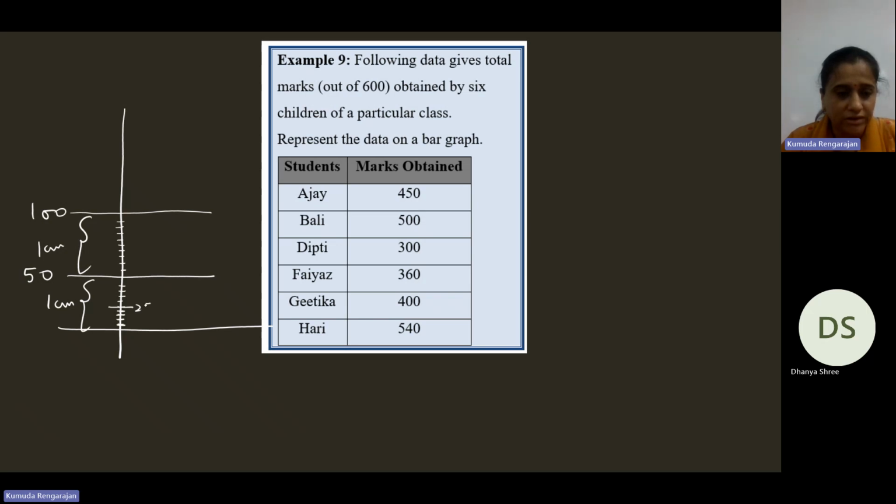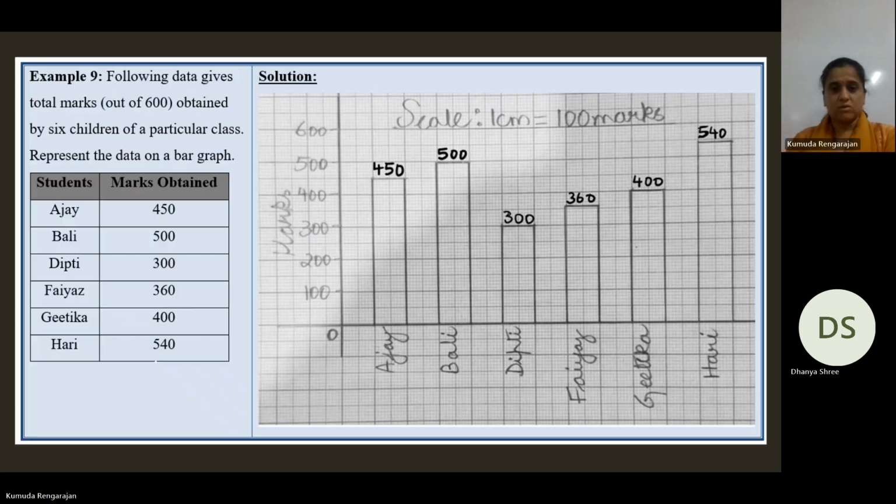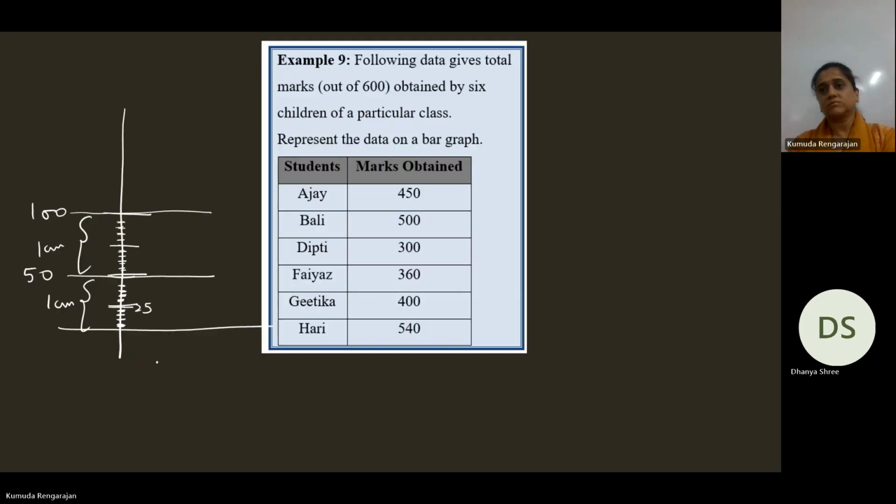That middle line is 25. 30, 35, 40, 45, 50. 5 is the count. 5, 10, 15, 20, 25, 30, 35, 40, 45, 50, 55, 60, 65, 70, 75, 80, 85, 90, 95, 100. All right, count in 5s. Can we do this?